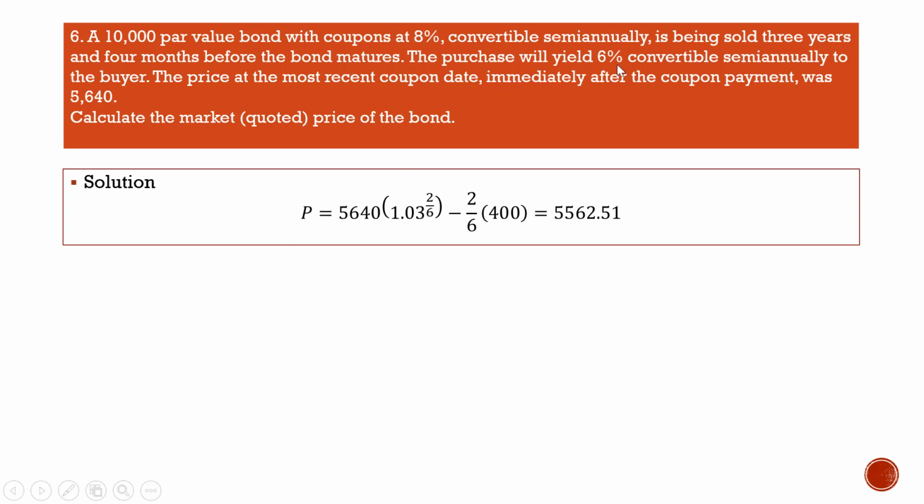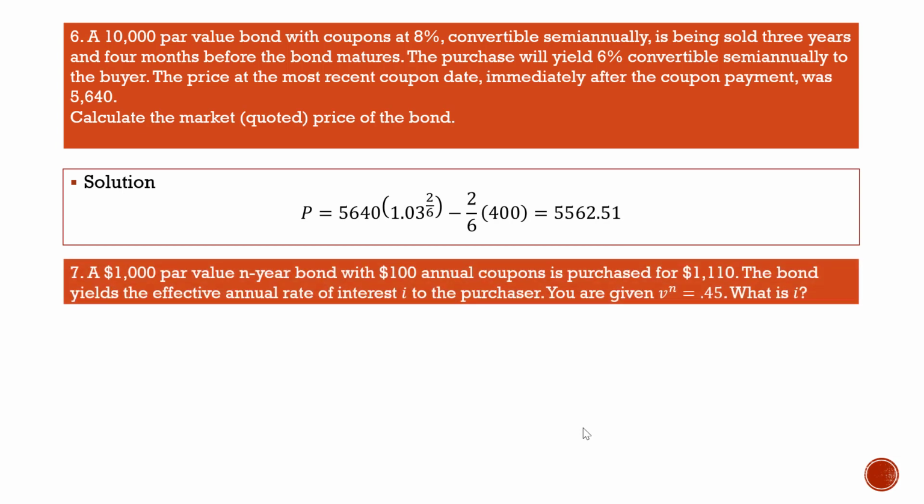Interest is 3% because 6% convertible semi-annually, minus k times the coupon. Coupon here 8% convertible semi-annually. That means it's half year we got 4% of 10,000, which is 400. So using this equation, we have the quoted price for this bond is $5,562.51.